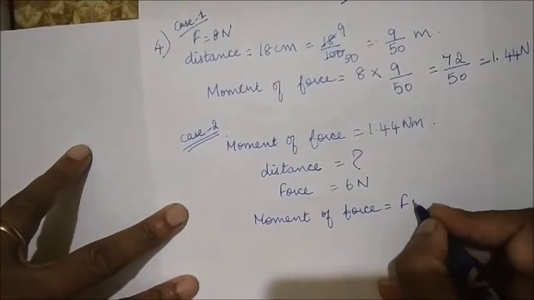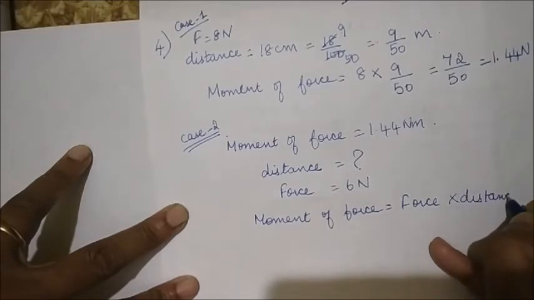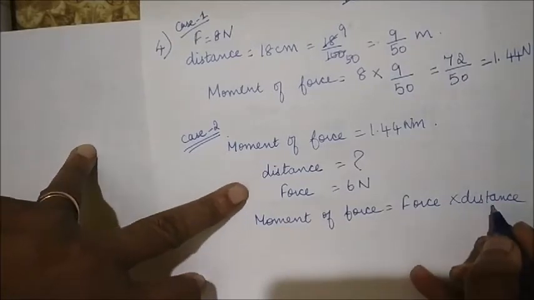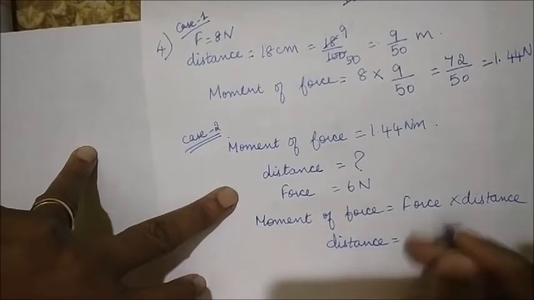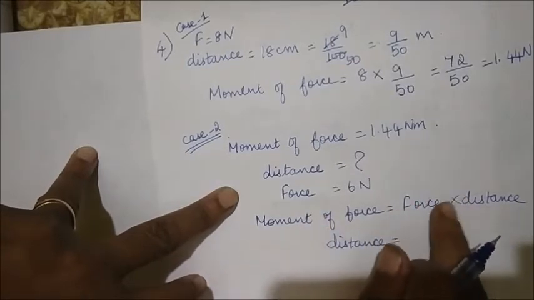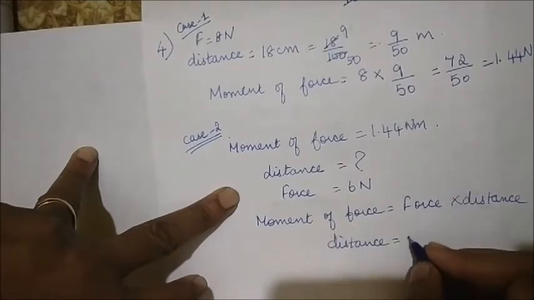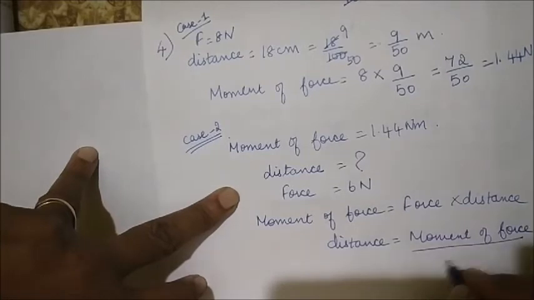So moment of force is equal to force into distance. Now we have to find distance. So what will be distance? Distance is equal to this. Force will come to the denominator because there is multiplication. When I bring it to the other side, it becomes division. So moment of force divided by force.